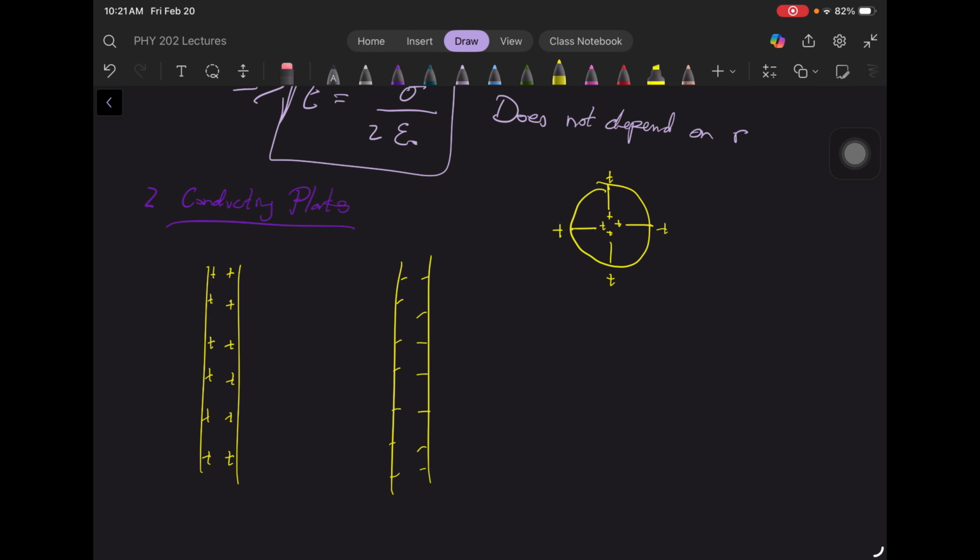And so that's the general reasoning behind why, in a conductor, all of the excess charge only lives on the surface. And so here, if we have the conducting plates, these are going to have electric fields going out. Plate 2 is negative, so electric fields point in.